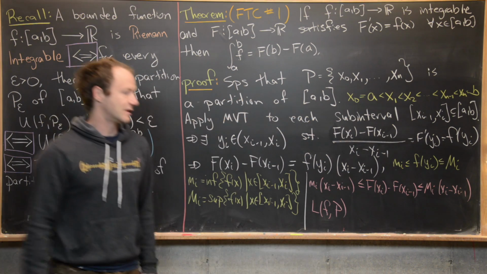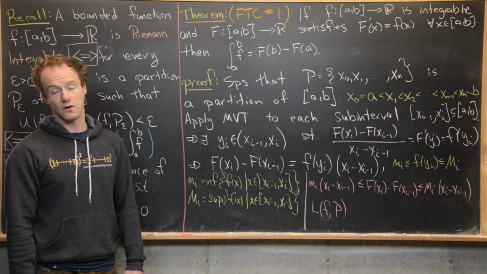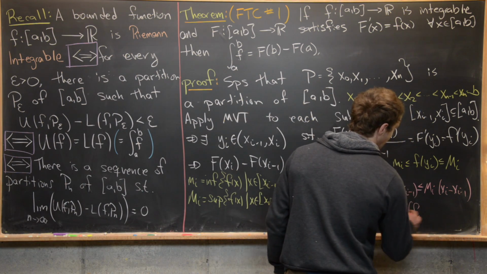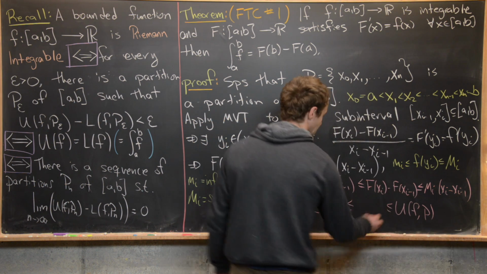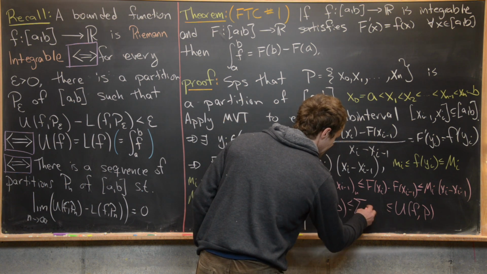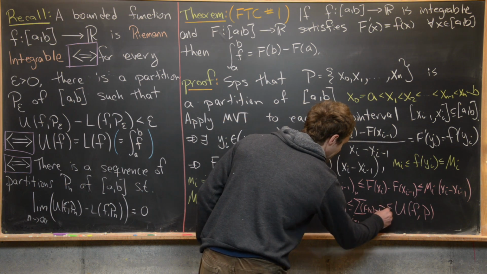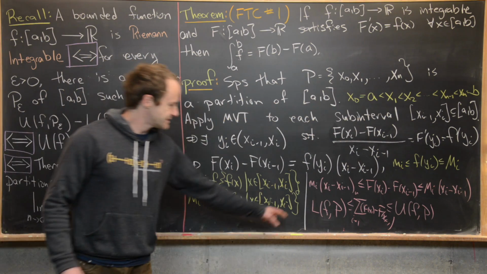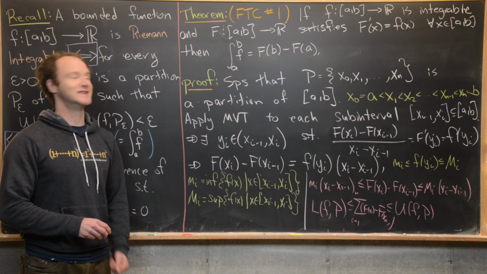Summing the capital Mi part, the right-hand side of this inequality, gives us the upper sum of this function on this partition. And then in the middle, that's going to be the sum as i goes from 1 to n of capital F of x_i minus capital F of x_{i-1}. Let's bring this inequality up and we'll move on to finish this part off.